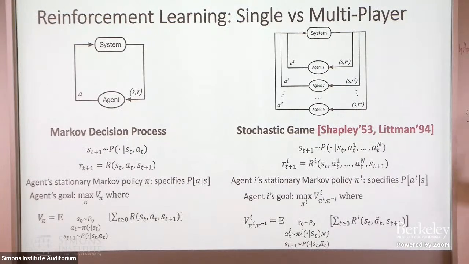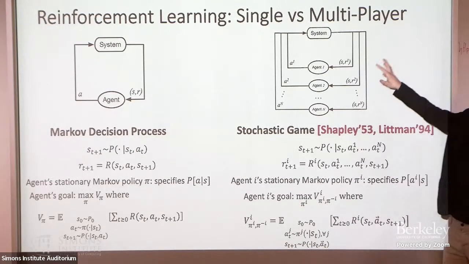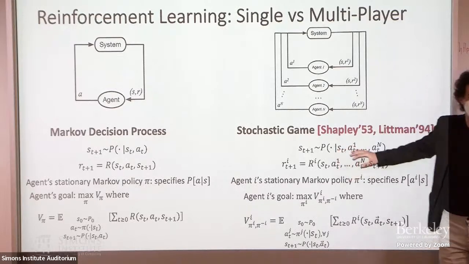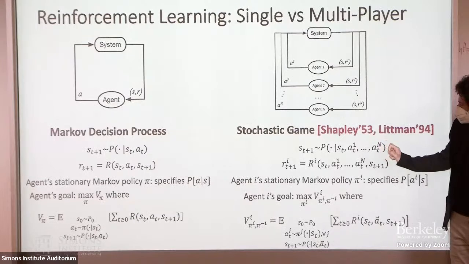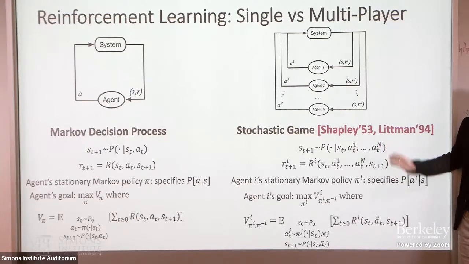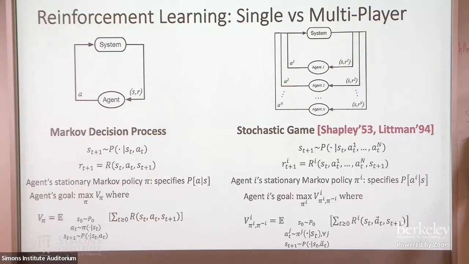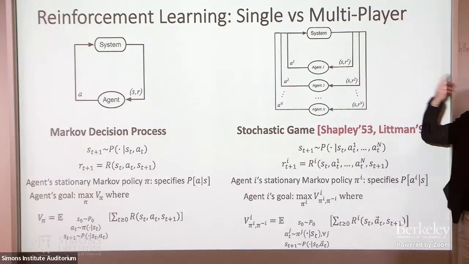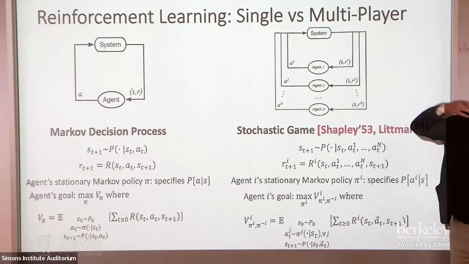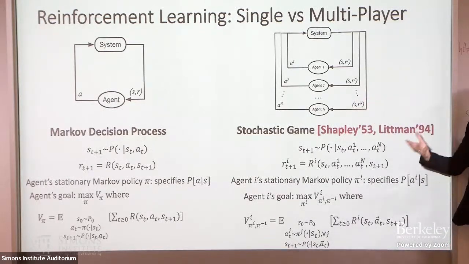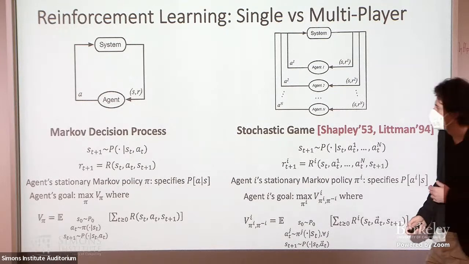Even if you have a tabular, an explicit representation of this environment, even if you have a finite number of actions, your rewards are not concave in your own policy, just because you have to compute with respect to the distribution of trajectories that can arise from everybody using their policy. So it's an interesting non-concave game.